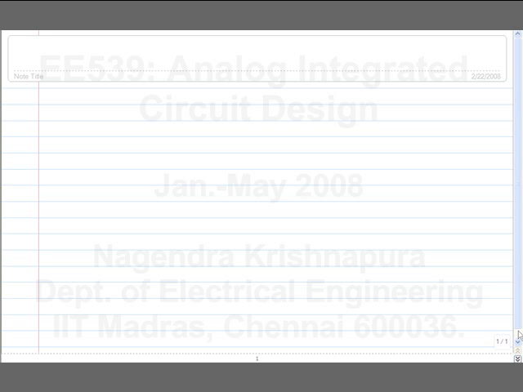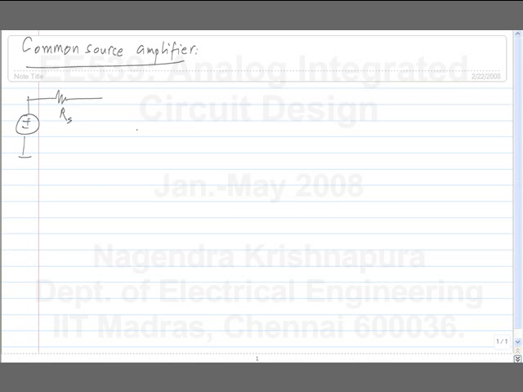We were discussing the common source amplifier, the AC response of the common source amplifier. The model we used for analysis was the common source amplifier being driven from a voltage source with a resistance Rs.